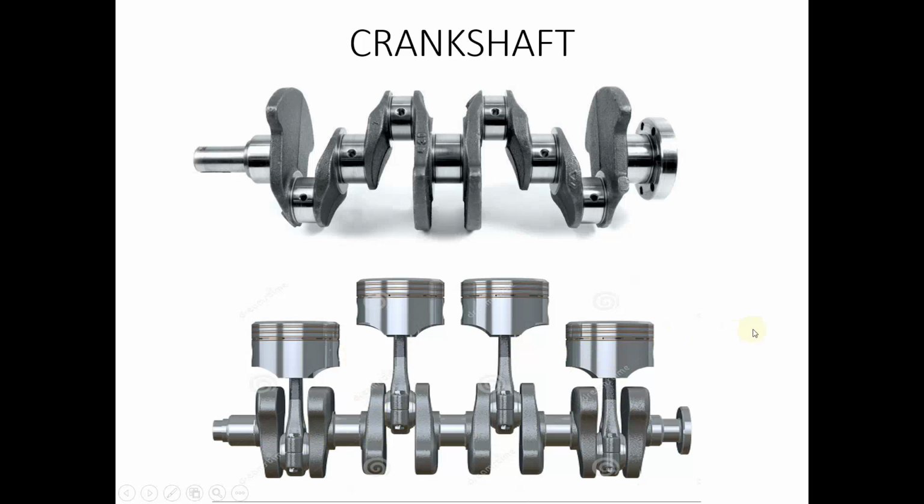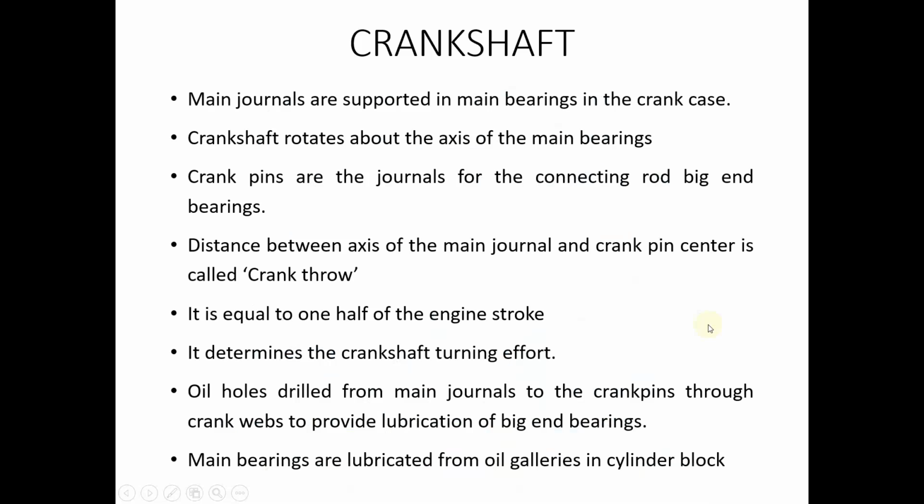That is how it operates, and the angles at which these pistons are mounted will be different. So the crankshaft rotates about the axis of the main bearings, and crank pins are the journals for the connecting rod big end bearings.